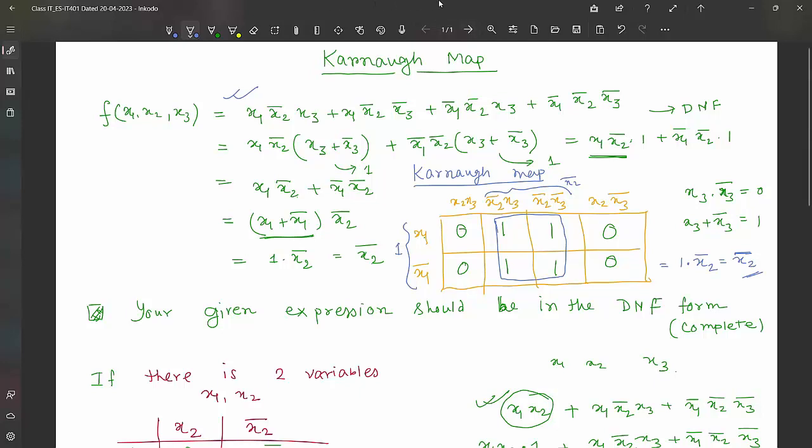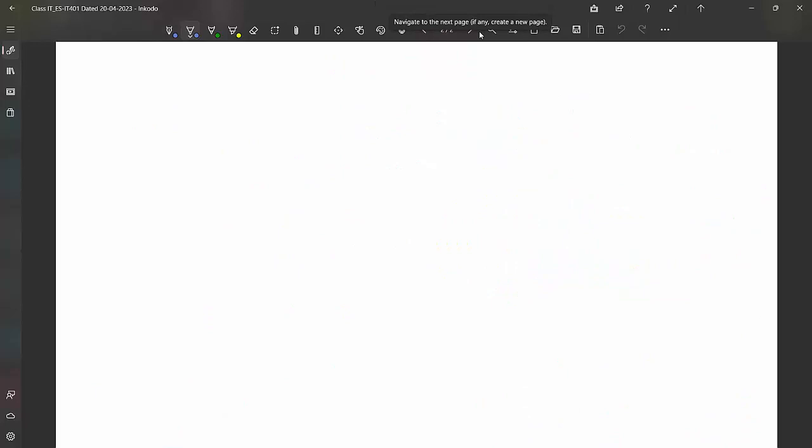So after that we will take some DNF form which is not in the complete form, but you have to make it complete. So I am taking one of this type of form.